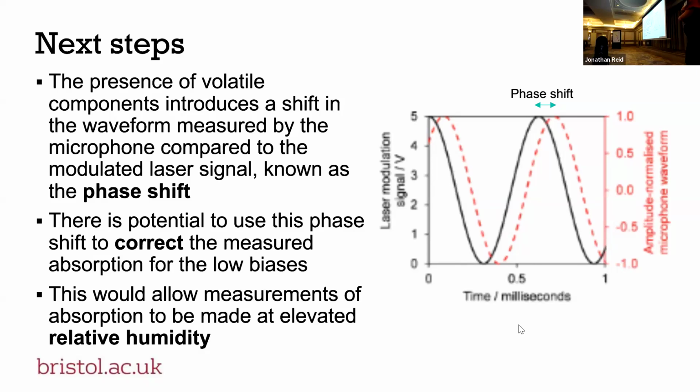So there's a few tricky things we need to consider about being able to maintain high relative humidity, avoiding any water depositing on the mirrors, and the microphone response is usually humidity dependent. So there's a few tricky things that we need to get right before we can do this, but this is going to be the next steps of my project.